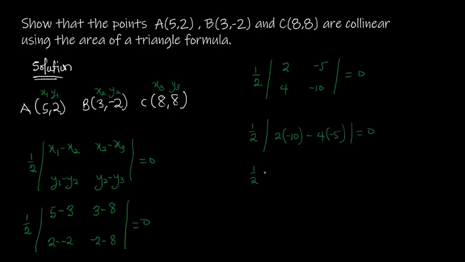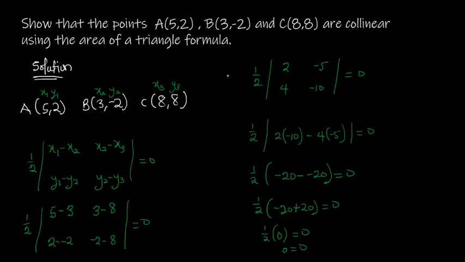So I have here half, into bracket 2 multiplied by negative 10 will give me negative 20 minus 4 multiplied by negative 5 will give me negative 20. So I have here half multiplied by negative 20, negative negative becomes positive 20. So this is half multiplied by 0 is equal to 0, and so 0 is equal to 0.